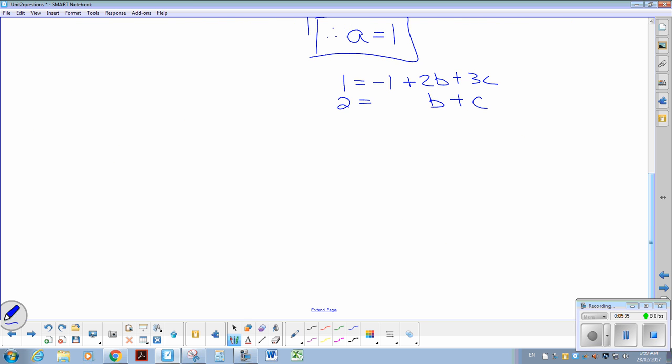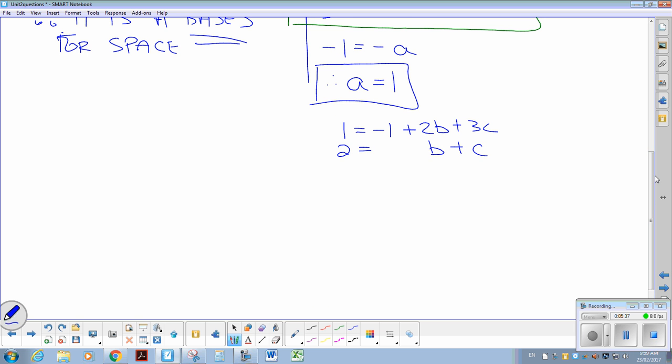I'm just going to move down. So I took those top two equations and I replaced a with 1, so it moves to the other side. So I'm going to cross it out and make that a 2. Now I'm just doing elimination because I have two equations, two unknowns. So I'm just going to double the bottom equation. So I have 2 equals 2b plus 3c.